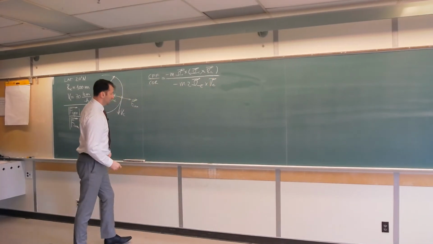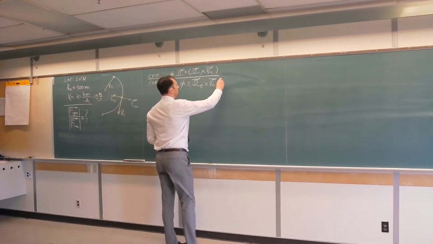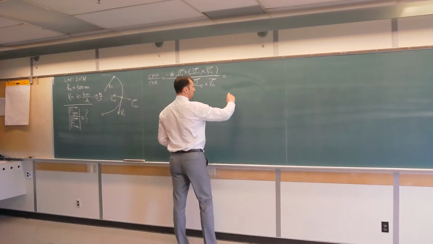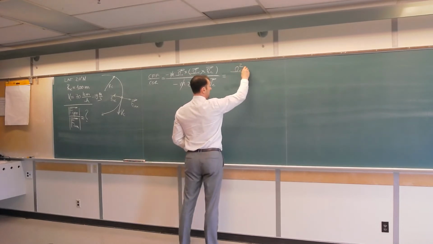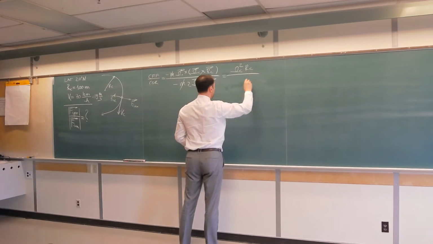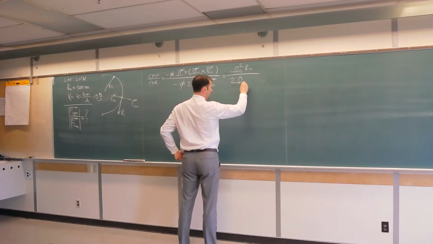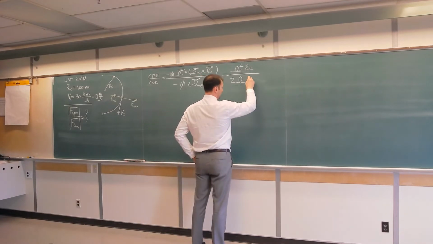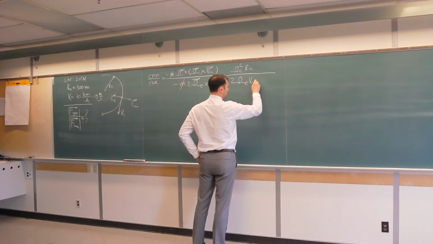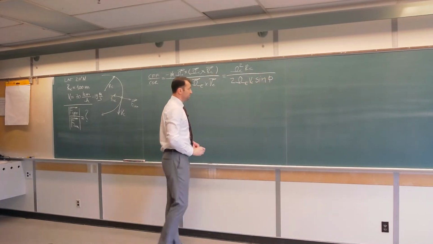Okay? Now you can see that masses cancel, and we can evaluate this to be omega of the car squared radius of the car divided by 2 omega of the Earth velocity of the car sine of phi, where phi is latitude.